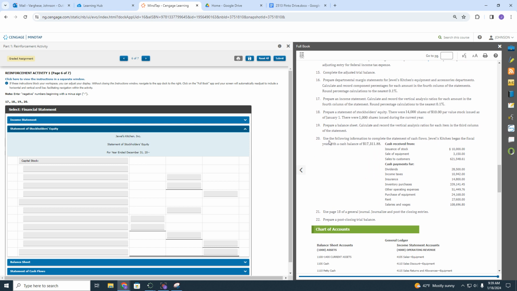Here's, I think, the information we need for the statement of stockholders' equity. $10 par value. So we know our capital stock has a $10 par value.